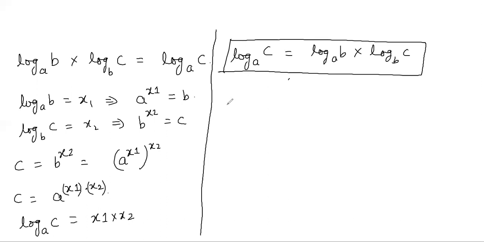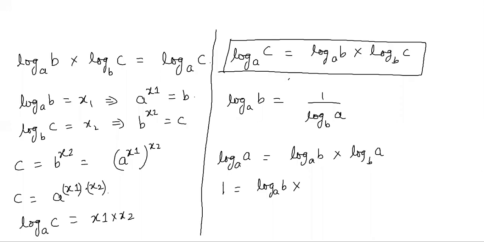Now can you prove that log of a base b is equal to 1 upon log of b base a? Please prove this. So basically log of a base b can be written as 1 upon log of b base a, and we can easily prove it.